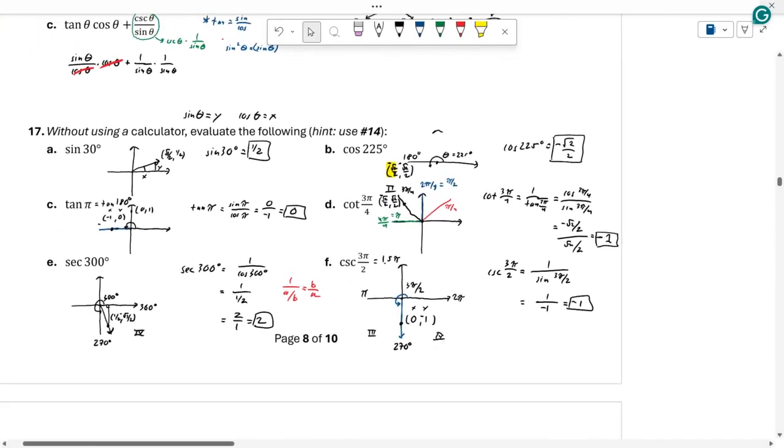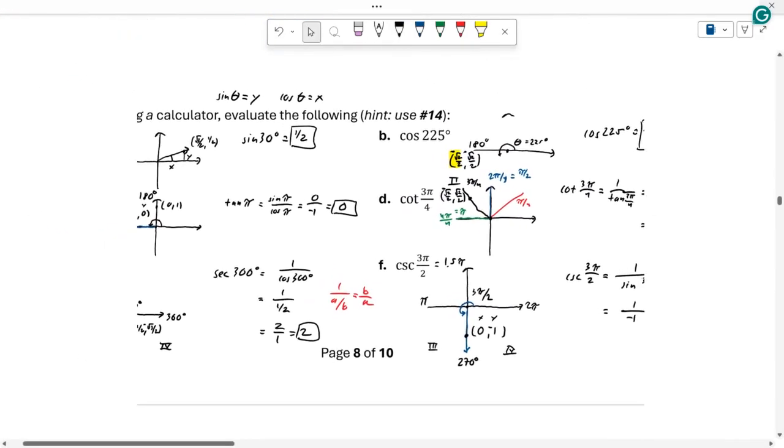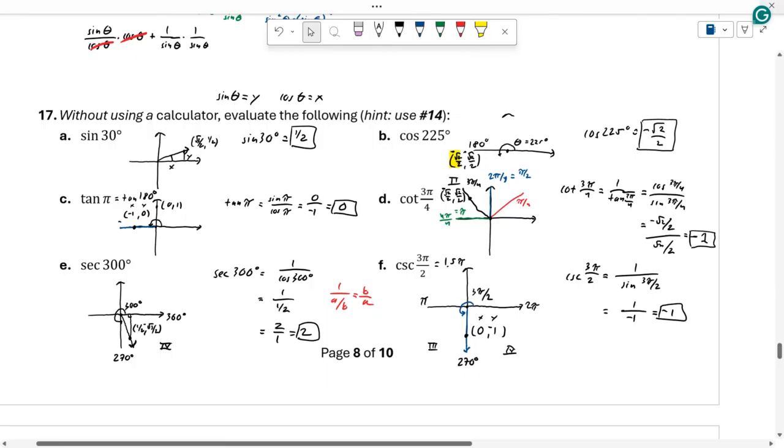And notice that we were able to do all of question 17 not only without using a calculator, but we actually didn't even refer back to the unit circle that we filled in. I mean, we filled it in, so we could refer to it, or you can just reason through it. Notice that every single time you figure out where you are on the unit circle. Are we in a quadrant?